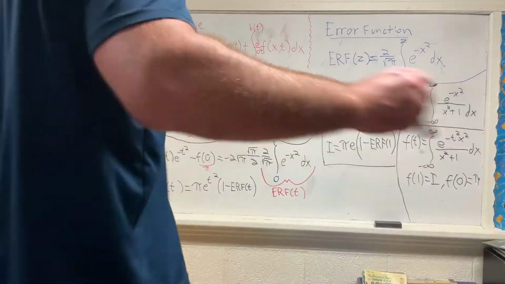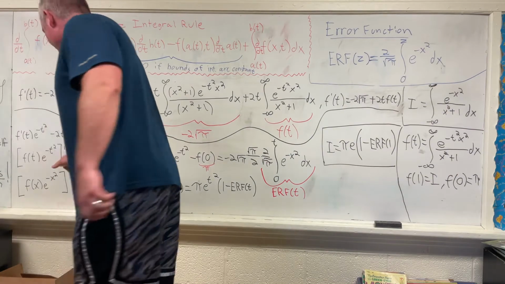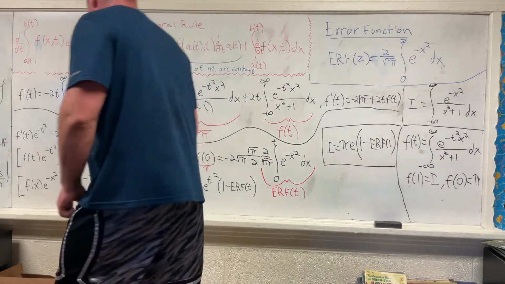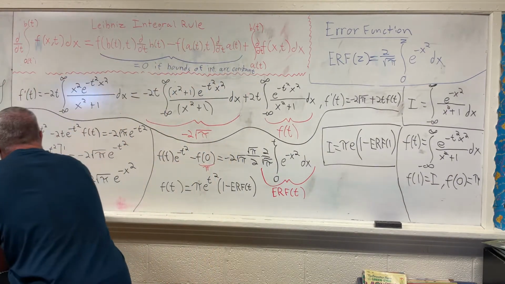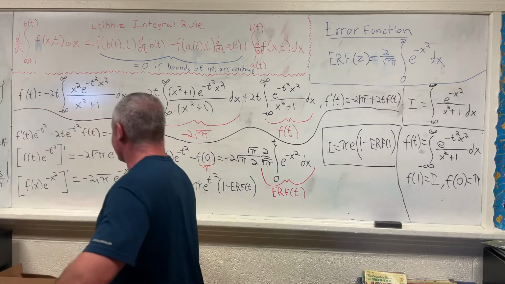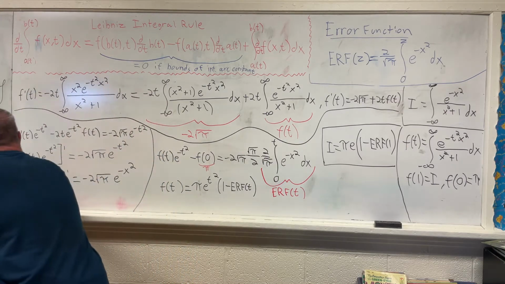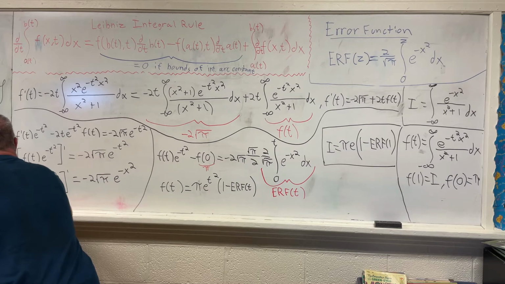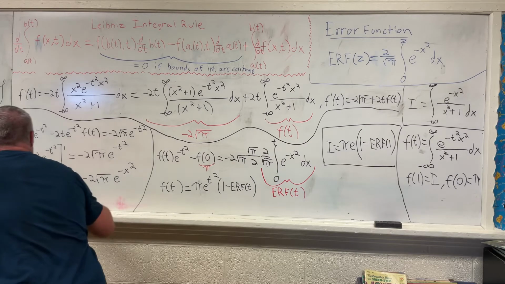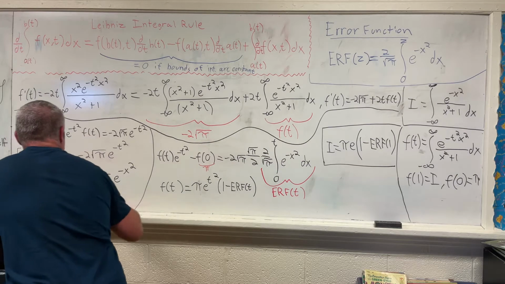So now what we want to do is take and integrate both sides of this equation from 0 to t dt.